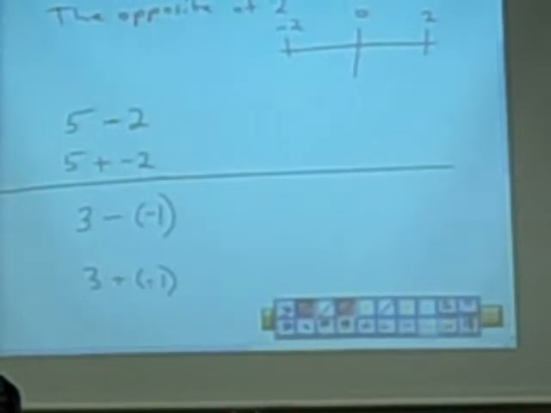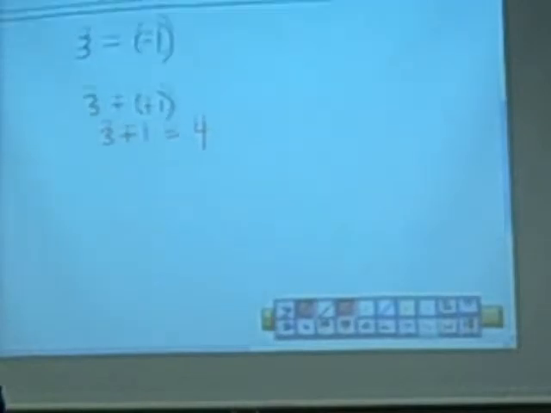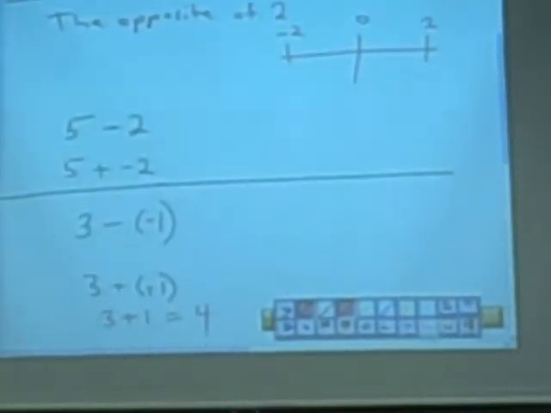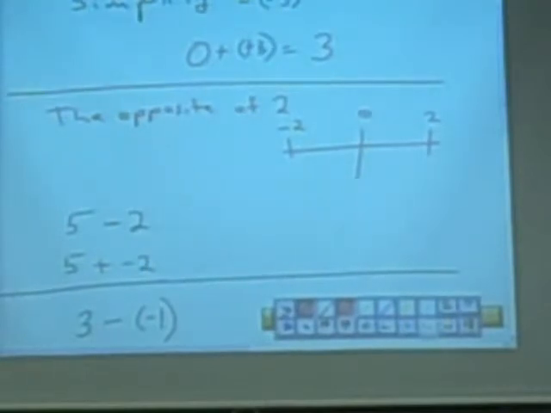Change the minus sign to a plus, change the sign in the second term. And now what we have here is 3 plus 1 is 4. We're getting a little ahead, but it goes along with what we're talking about as far as opposites and simplifying.